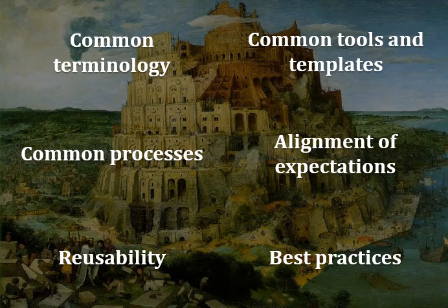So you need to have at least a common terminology of project management, of the deliverables, and of the discipline you are working in. You need to have some common tools and templates for people to use across these locations. You need to have some common processes established across locations as well, and an alignment of expectations of people from different countries.